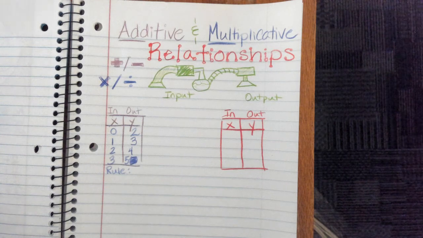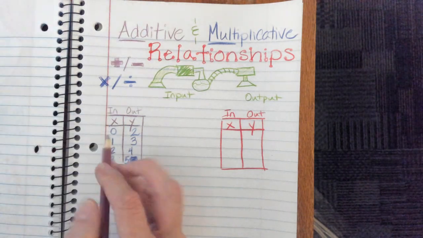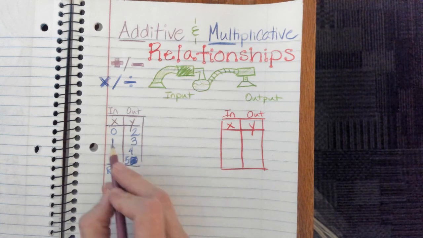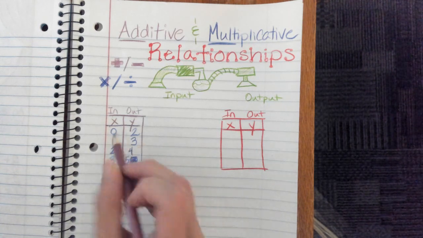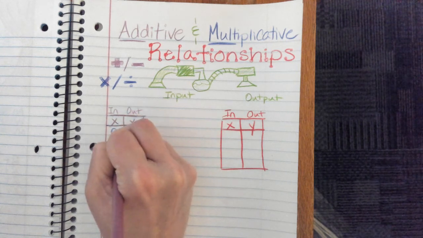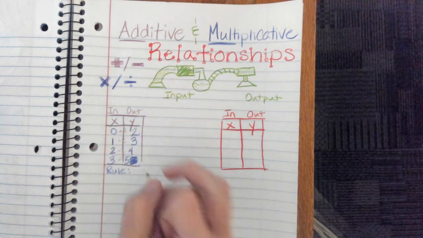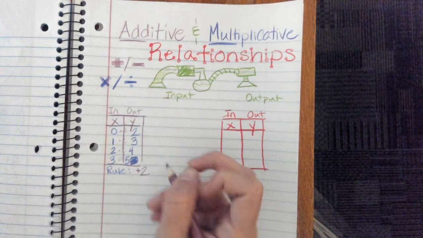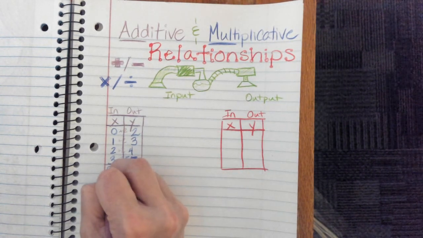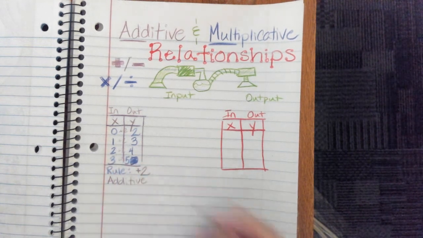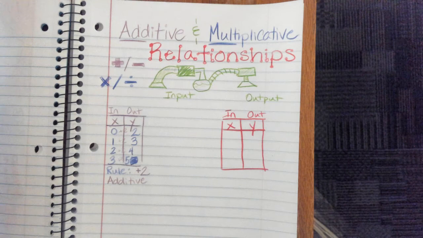What's my rule? Well, how do you get from 0 to 2? You add 2. How do you get from 1 to 3? 1 plus 2 is 3. So each of these, I'm doing plus 2, right? So the rule for this one is plus 2. So this table right here is additive because I'm adding.